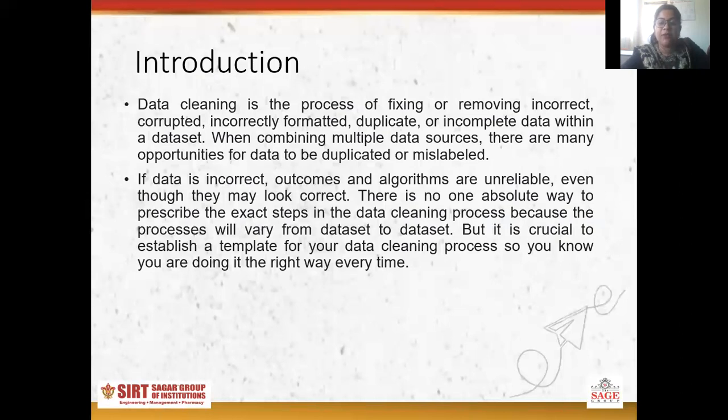As I have already discussed, there is no one absolute way to be provided for all the challenges. There are some steps for each different type of challenge that we have seen in our previous videos.